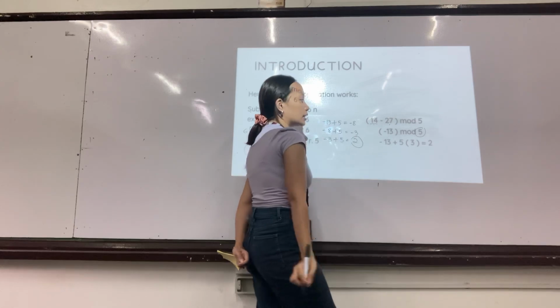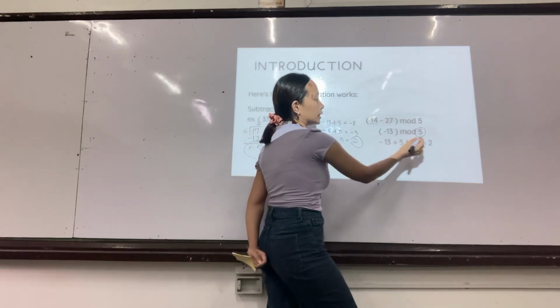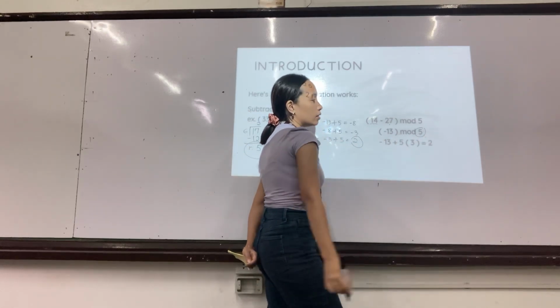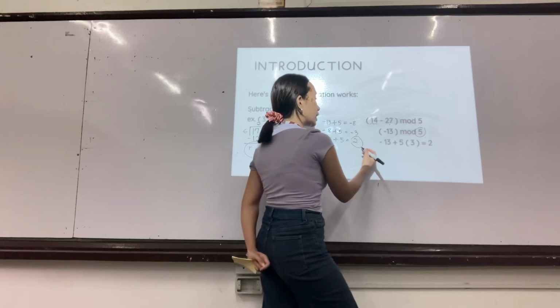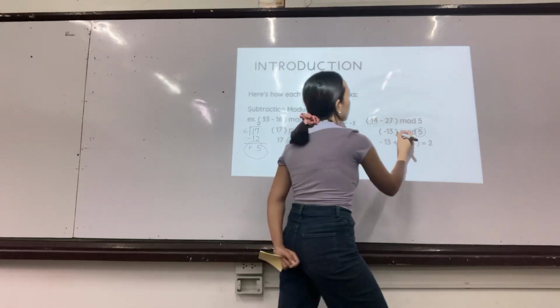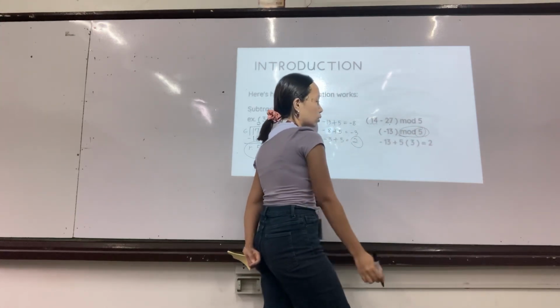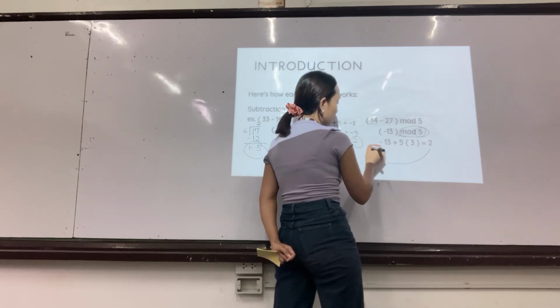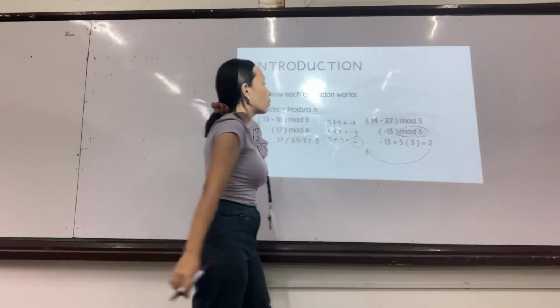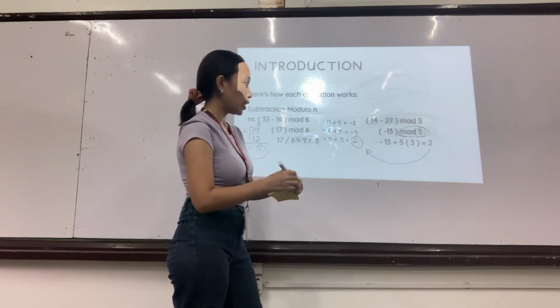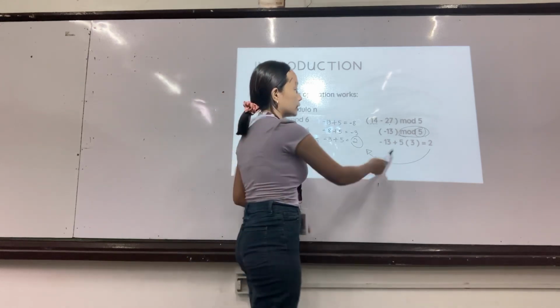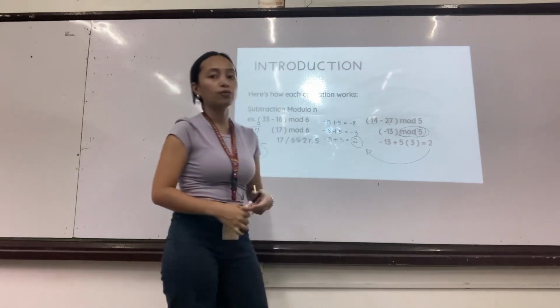Now that we got our positive number, which is less than or equal to our modulo value, this is going to be our final answer. So that's how you solve for subtraction modulo n when we encounter these kinds of values.